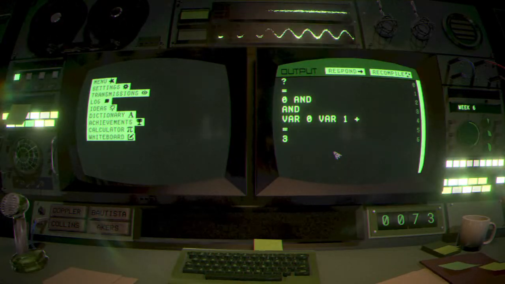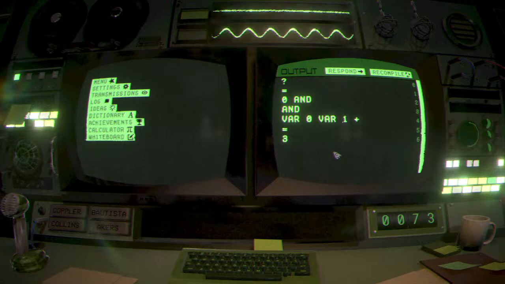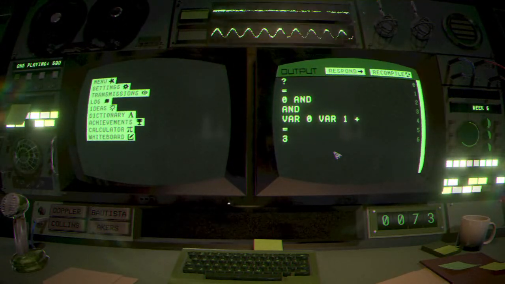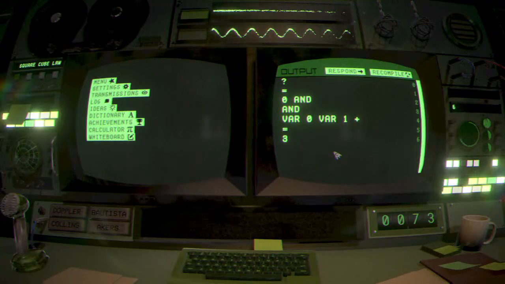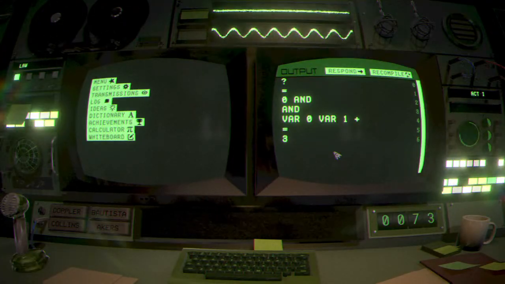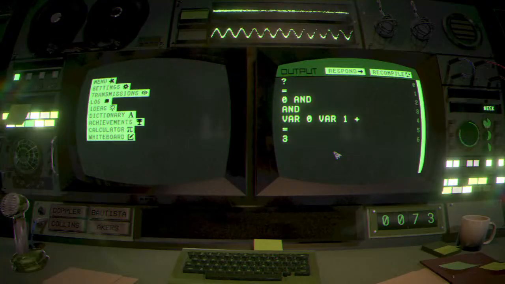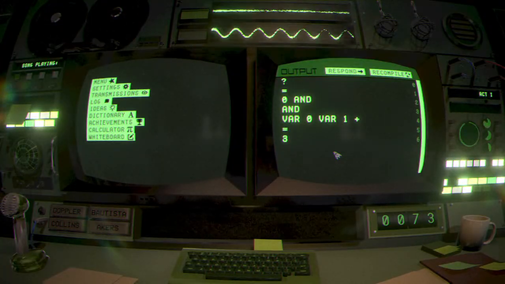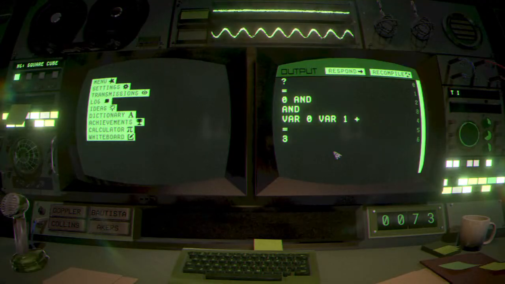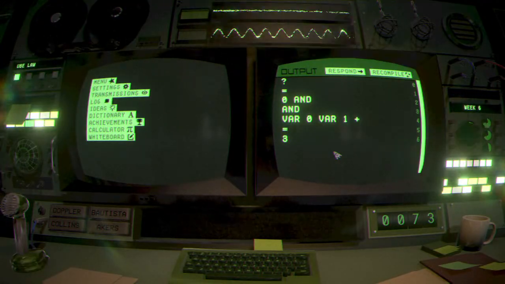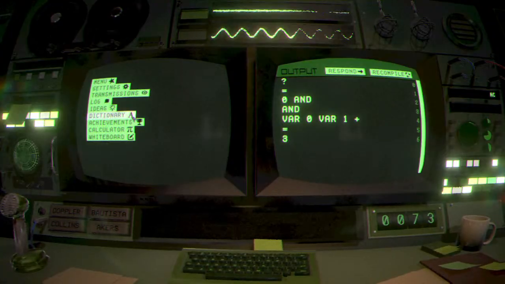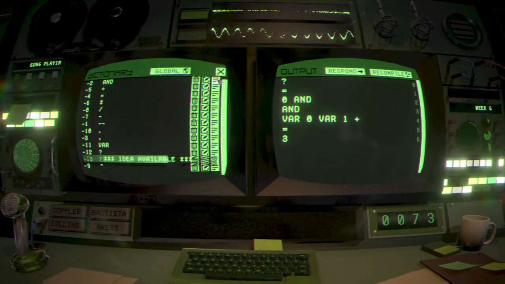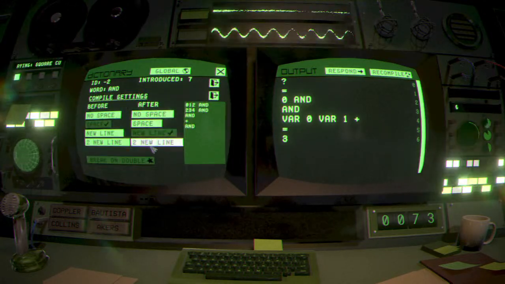Some number is equal to 0. 2 variables together equals 3. That's odd. But I do want to go here, break.